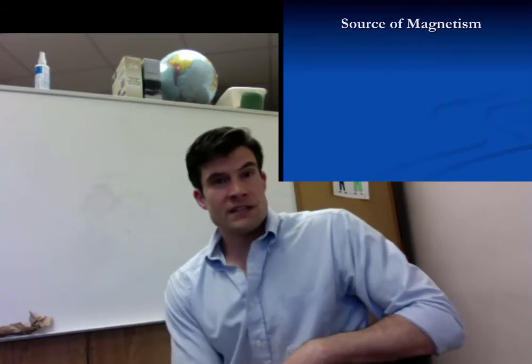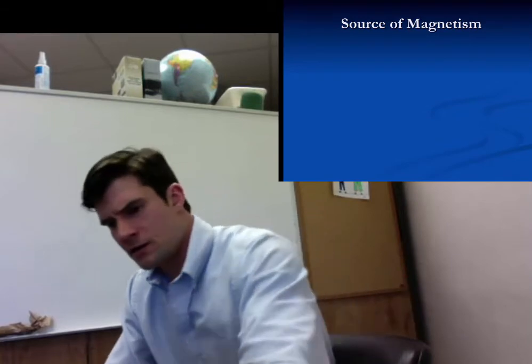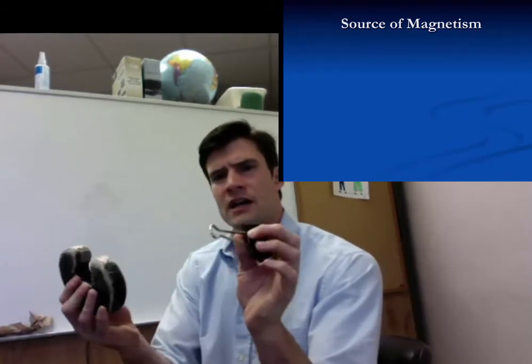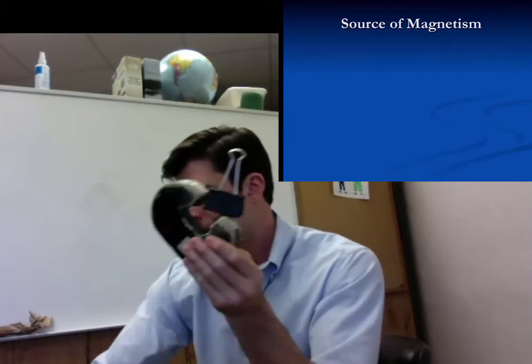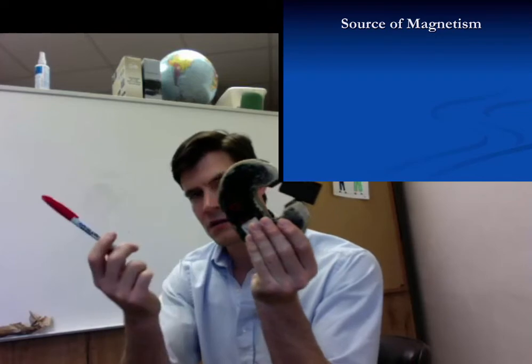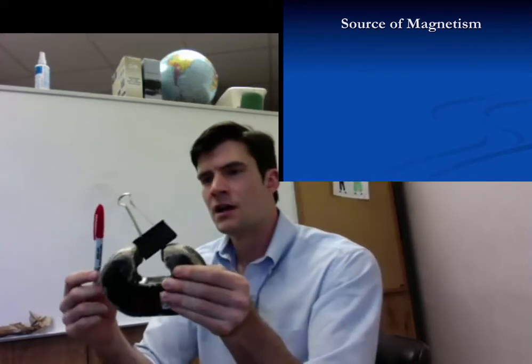All right, next thing we want to look at is what causes magnetism. So here I've got three objects. I've got a permanent magnet, I've got a paper clip, which is attracted to it, and I've got a plastic marker, which isn't affected at all.